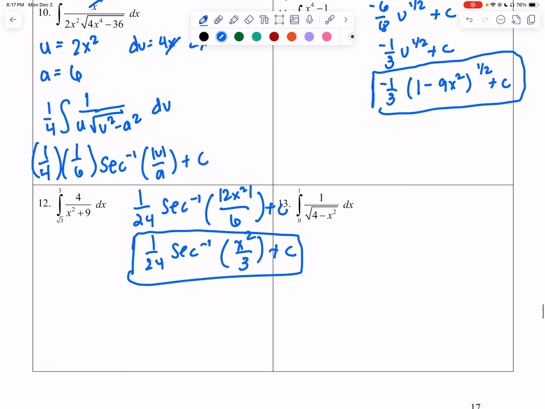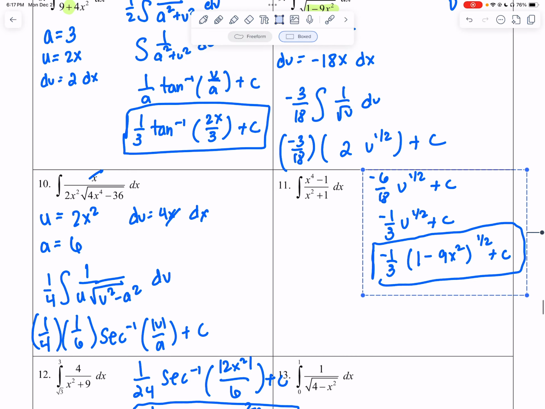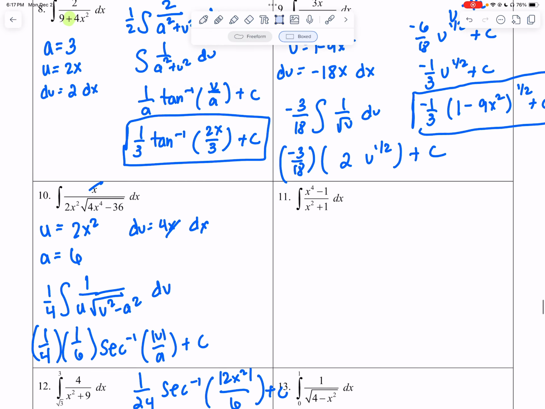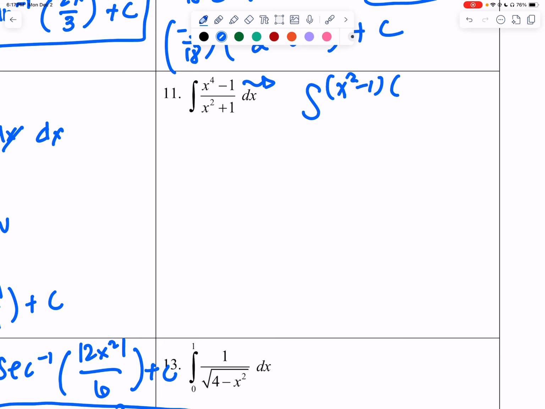Okay, number 11. You might think, oh, I have x squared plus 1, so I might use inverse tangent. Plot twist. No, because I can simplify the numerator to be x squared minus 1 times x squared plus 1, and the x squared plus 1 cancels out.